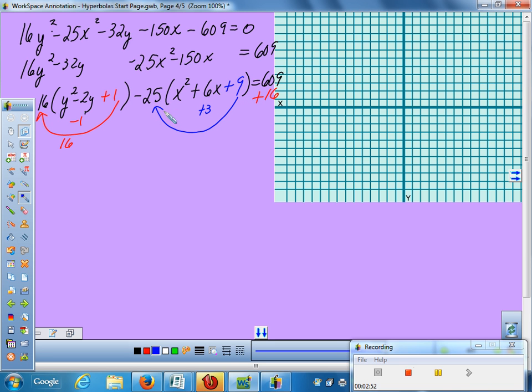And then I have to take it times the negative 25, which will be negative 225. So on these kinds, out here, you'll always have a hyperbola. You'll always have one number you added and one number you subtracted every time. Now the good news is when you add those three numbers up out there, it's a nice round 400.